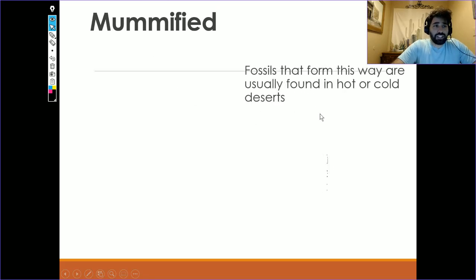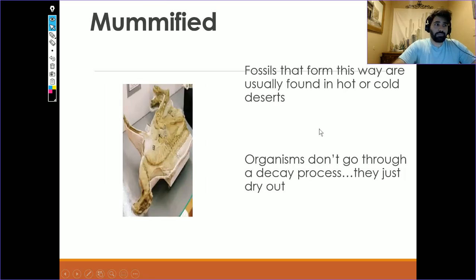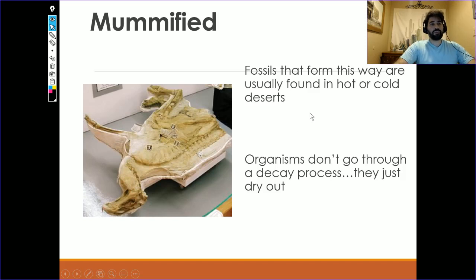And mummification, right? The Egyptians did this. They mummified their people. Mummification happens in very, very hot deserts or very, very cold deserts. The reason for this is because the organism needs to just dry out, right? Once it dries out, it's harder for it to decay, and you're able to preserve the majority of the body.